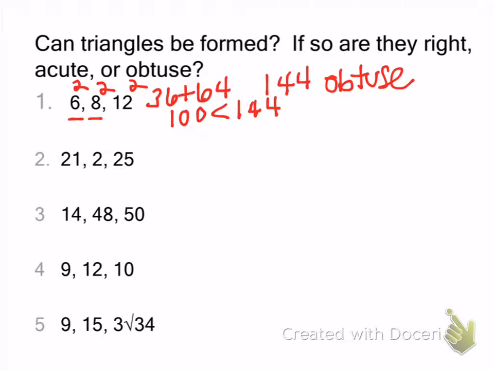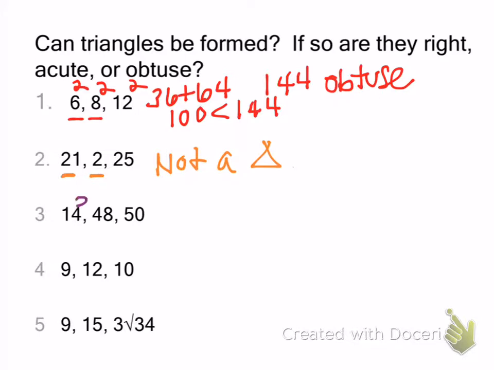The second one. First you have to check, is 2 plus 21 greater than 25? And no, it's not. So this is not a triangle. You can't even classify it because it's not one. The third one, is 14 plus 48 bigger than 50? Yes.